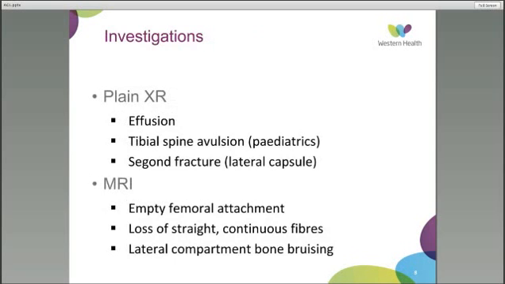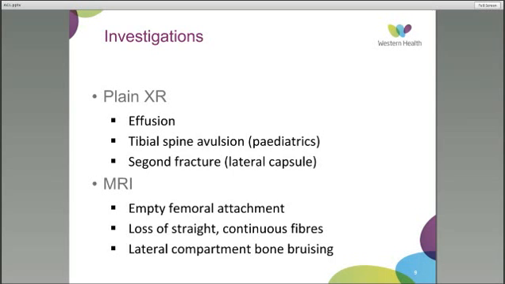So, investigations in an acute ACL rupture. A plain X-ray may show an effusion, a tibial spine avulsion fracture, particularly in a paediatric and teenage age group of patients, or a Segond fracture of the lateral aspect of the tibial condyle, which is associated with the lateral capsule avulsion.